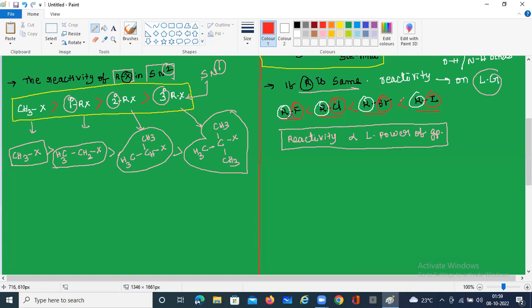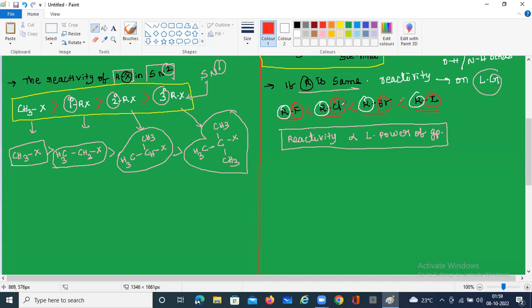Whenever in alkyl halide the alkyl group, that means R, is the same, and here we take CH3F, CH3Cl, CH3Br, CH3I, what is common here? That CH3 is common, isn't it na?